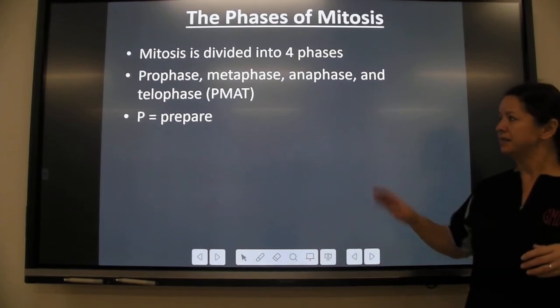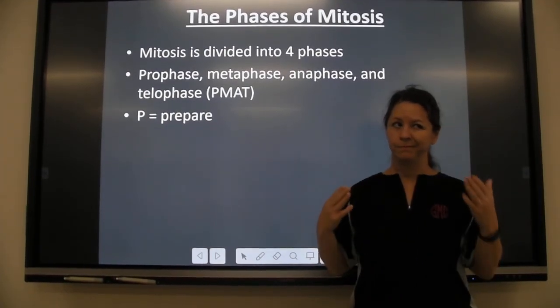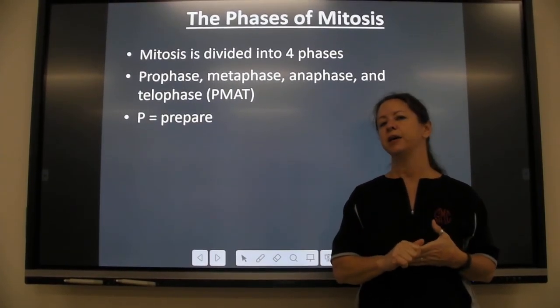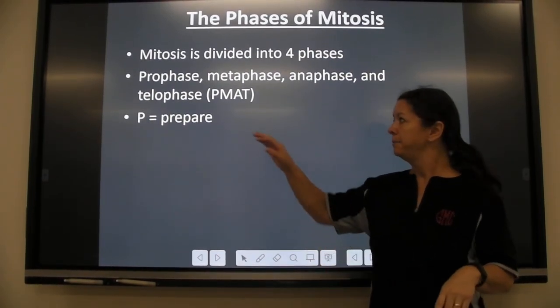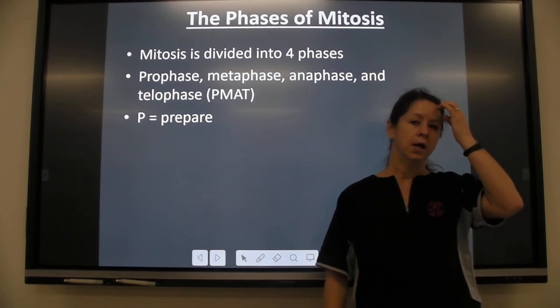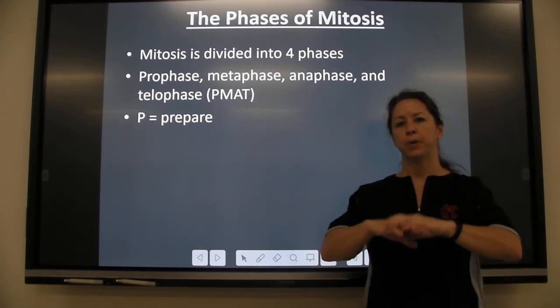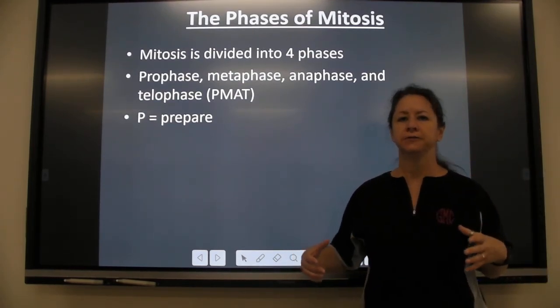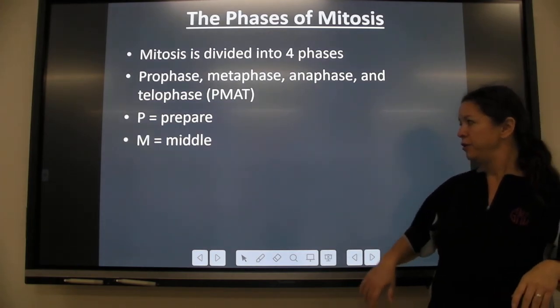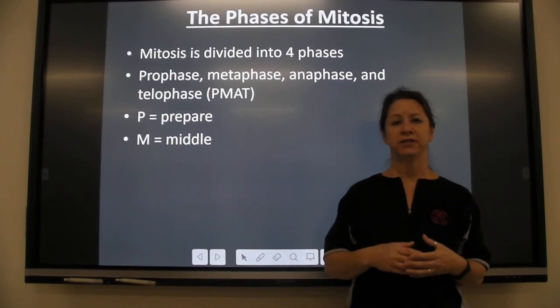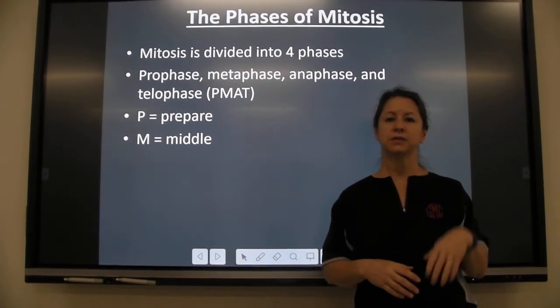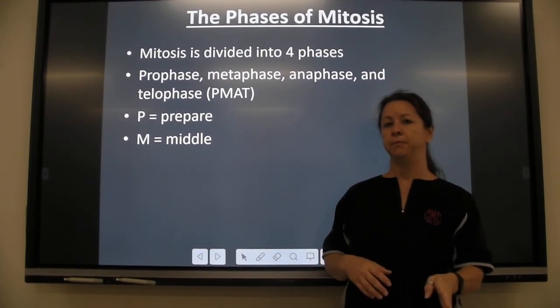And this is a little memory device to help you remember. If you remember that the P, prophase, P stands for prepare, because in prophase, the cell is going to prepare itself to divide. And then you have M, that's metaphase. And think of M standing for middle, because that's when the chromosomes are going to line up in the middle.